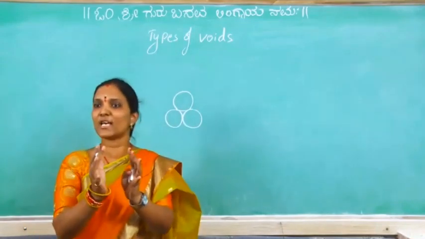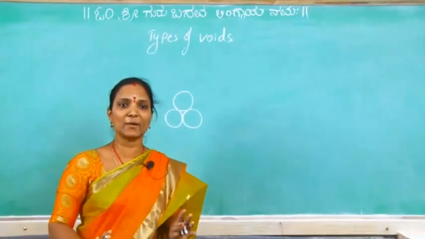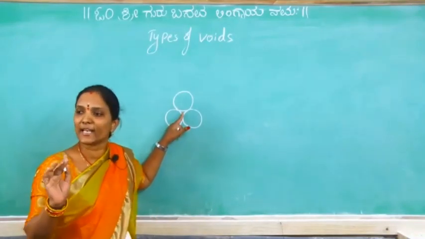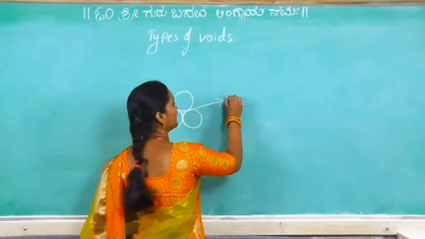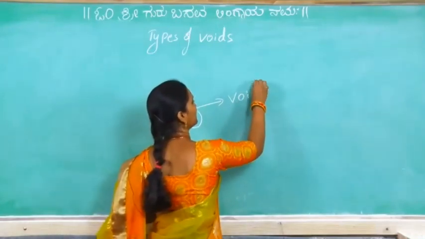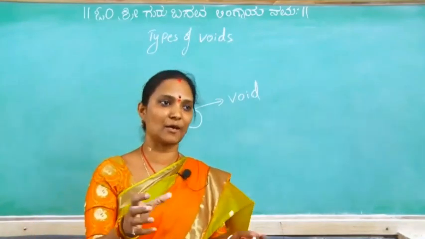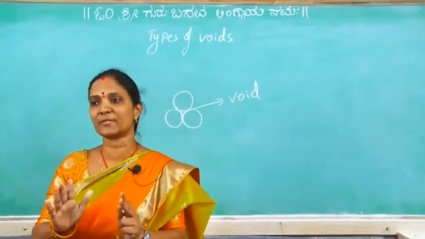The empty space obtained in this close packing is called void, or empty sites.